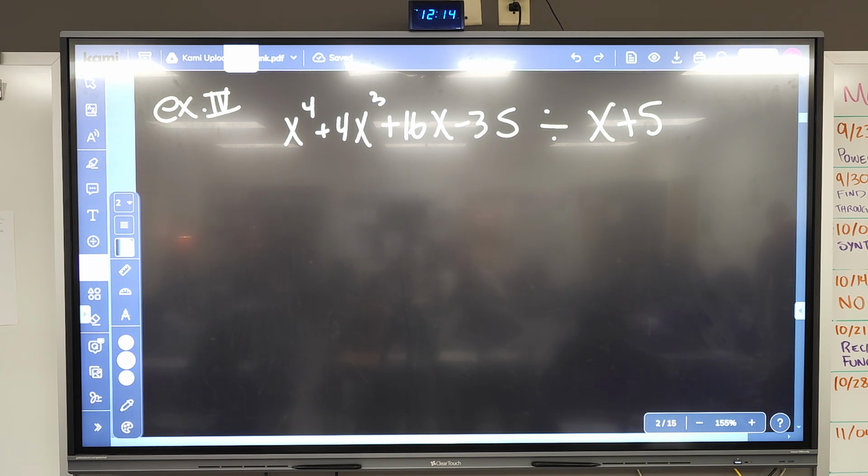So you drop this one, right? But then you have to multiply 5 times negative 5 times 1 would be negative 5 right there. The first one you don't multiply because you just drop it straight down. But you do multiply this times this. Watch, look at the example we did. We dropped the first one, but then we did multiply.